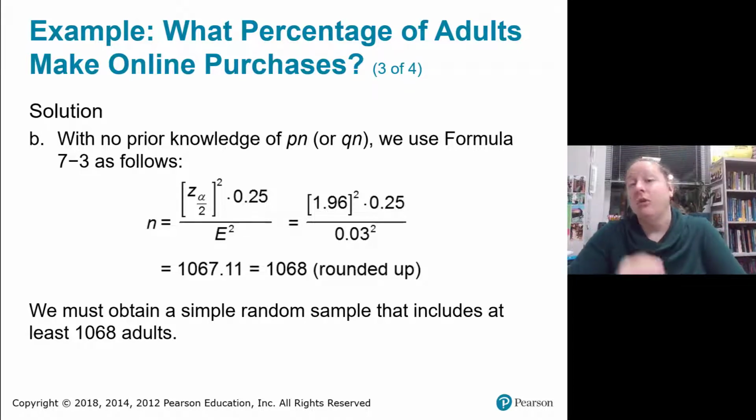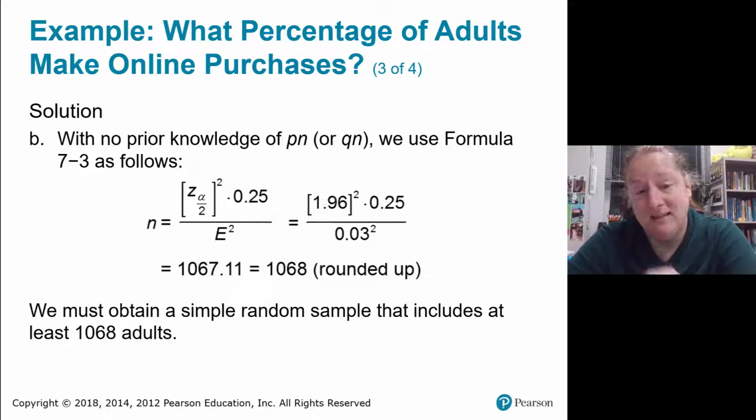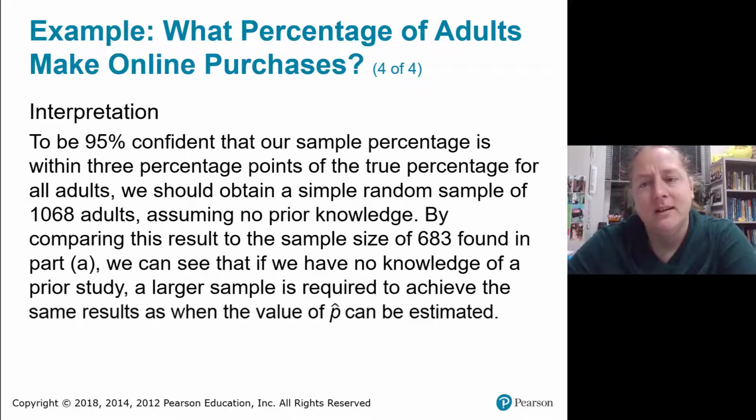So if we don't know anything about what p hat is, we don't have that sample statistic to work from, we must obtain a simple random sample that includes at least 1068 adults. So to be 95% confident that our sample percentage is within 3 percentage points of the true percentage for all adults, we should obtain a simple random sample of 1068 adults, assuming no prior knowledge.